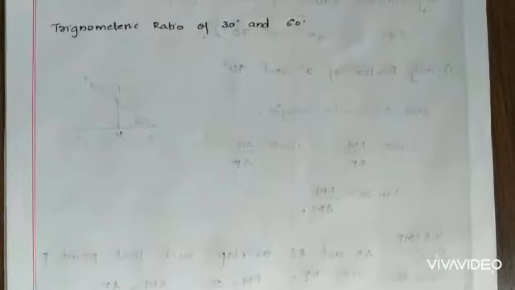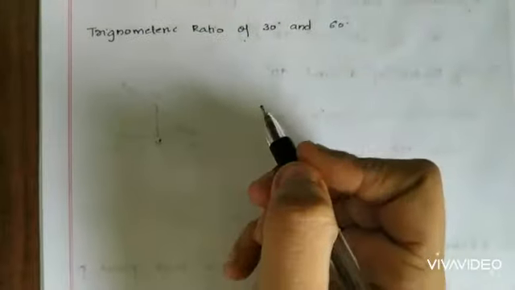Now let us find the trigonometric ratio of 30 degree and 60 degree. For that, let us consider an equilateral triangle.